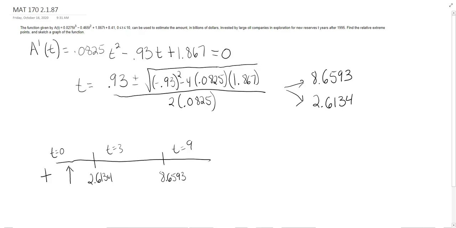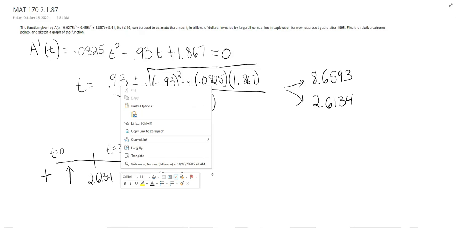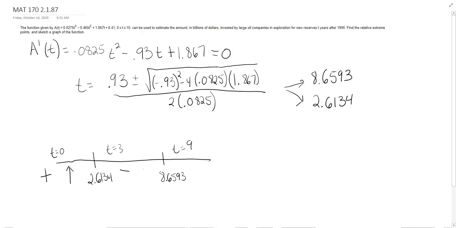If we put t equals 3 into A prime, what we get on our calculator is negative 0.1805. That means we've got a negative here, which means my function is decreasing in this entire range.